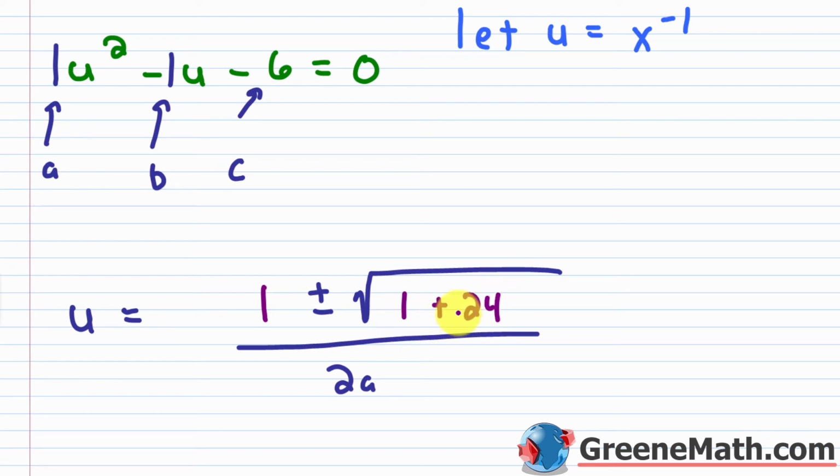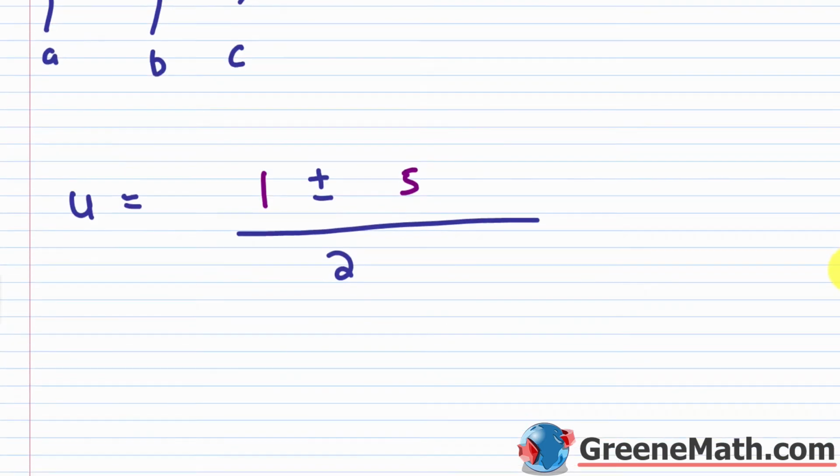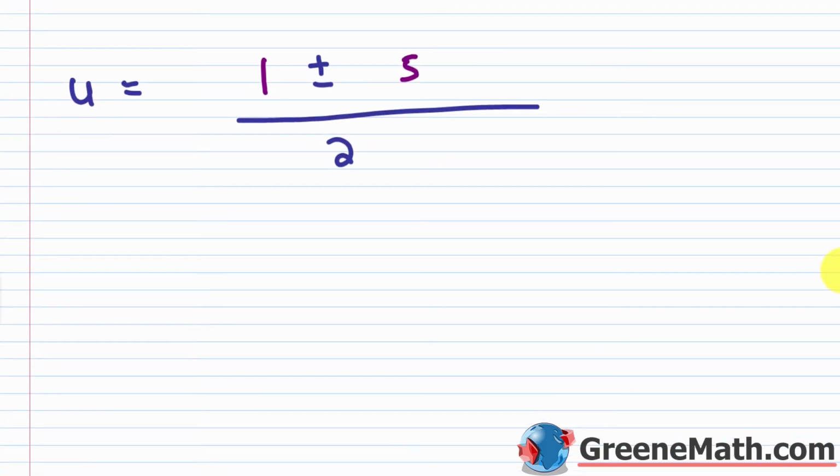We know 1 plus 24 is 25. And we also know that the square root of 25 is 5. Down here we have 2 times a is 1, so this is just 2. So I'm going to get two solutions for u. I'm going to find that u is equal to 1 plus 5, which is 6 over 2, so that's 3. And then also u is equal to 1 minus 5, which is -4, over 2, which is -2.